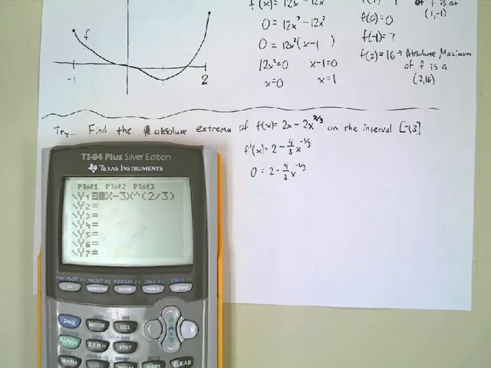Negative 2. That should be how you typed it in. Oh, okay, you're right. Sorry. You have a 2 there, right? Okay, that's right.